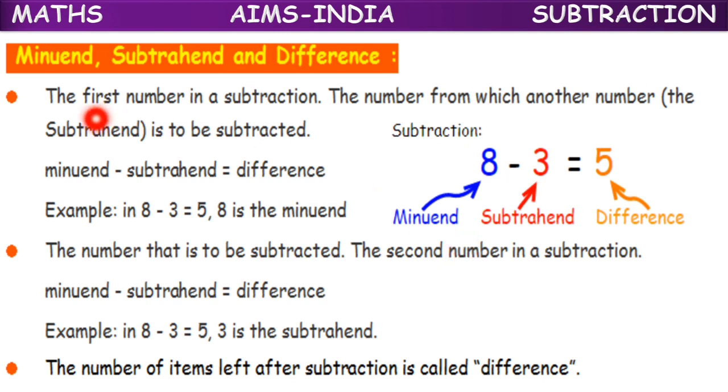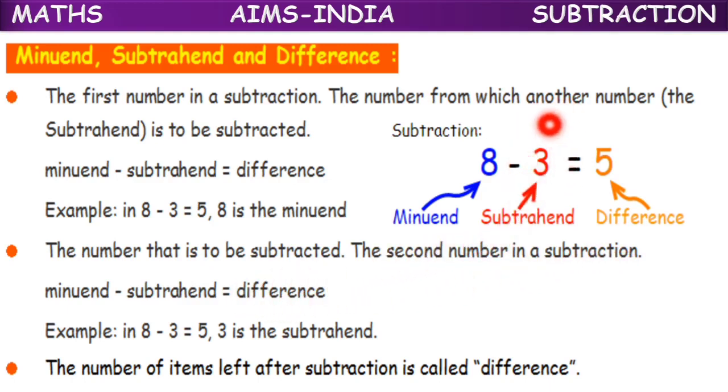Yes, the first number in a subtraction, that is the number from which another number is subtracted, is called as the minuend. Yes, in 8 minus 3, 8 is the first number, that is the larger number. It is called as the minuend. The number that is to be subtracted, that is the second number in a subtraction, is called as the subtrahend.